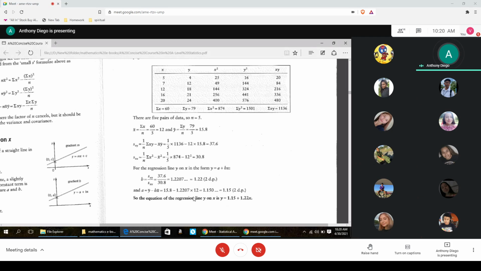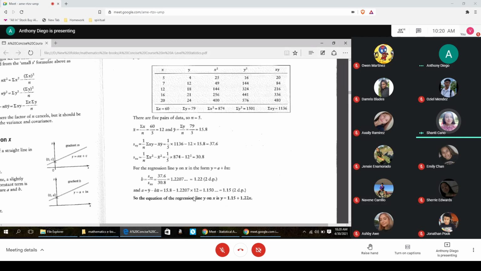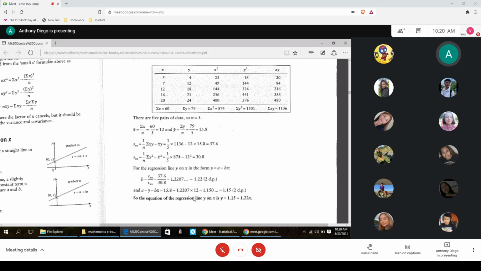Are there any questions thus far? Sir, by plotting the graph, we're going to use x and y, right? To plot the graph, yes, we use x and y. And what we're going to use to guide ourselves will be the 1.15 and the 1.22, right?